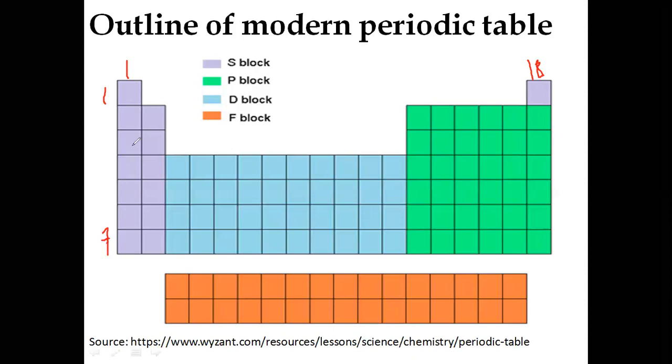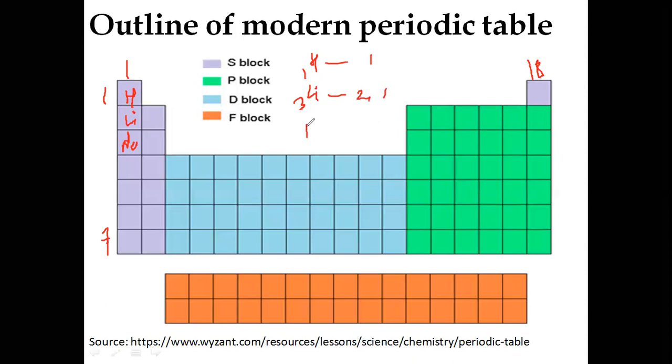Each and every element which possesses a similar electronic configuration is placed in the same group. Just for example, see this: this is hydrogen, this is lithium, and this is sodium. Hydrogen has atomic number 1, so its configuration is 1. Lithium has 3, so it is 2, 1.